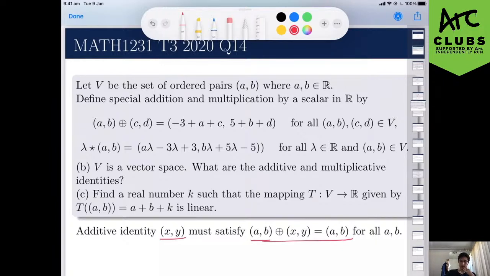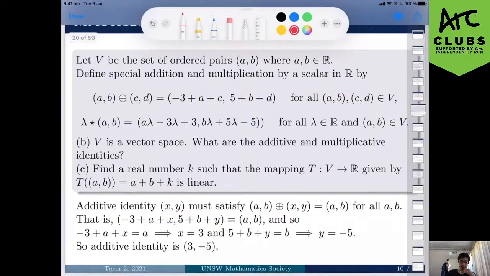So we pretty much just sub that into our definition, given in the question, of what our special addition is. A lot of text, but we just substitute x, y. We could have just used C, D again, but I changed it to x and y for clarity.